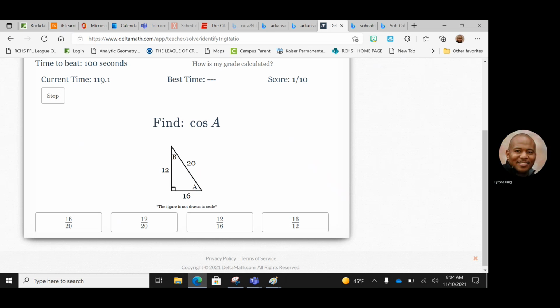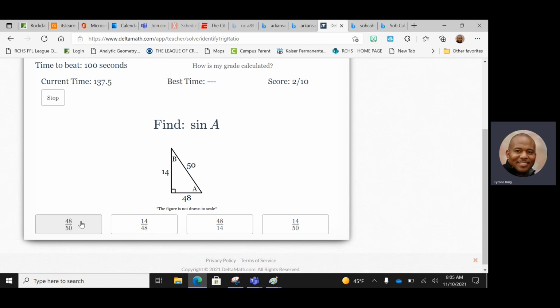But if you get something wrong, that means you have to start over. So make sure that you do everything right. This one is the cosine of A. So this would be the adjacent over the hypotenuse, 16 over 20. Everything is dealing with A.